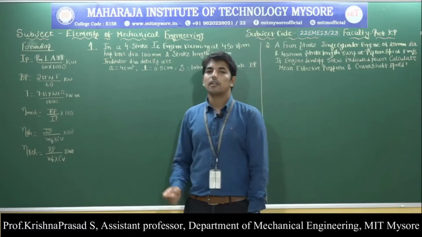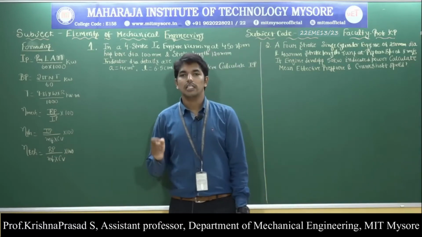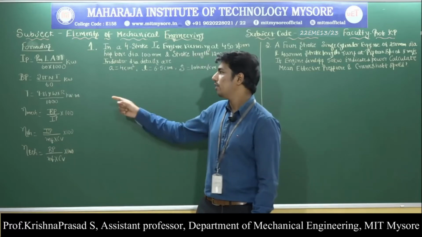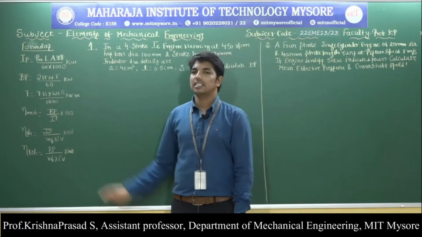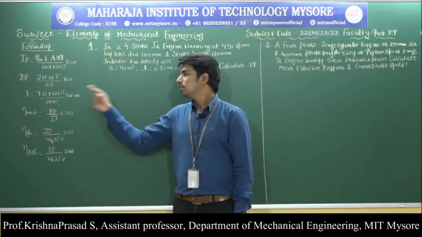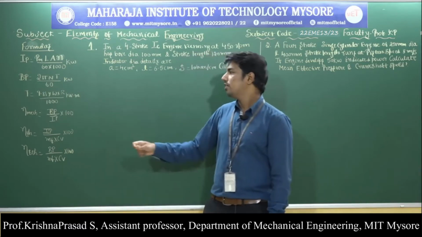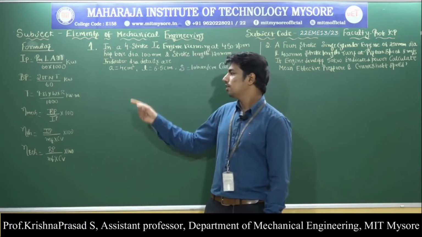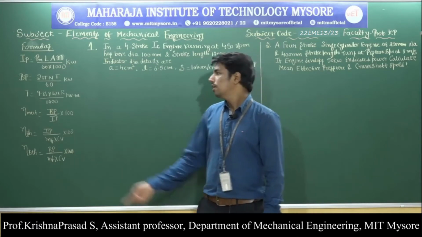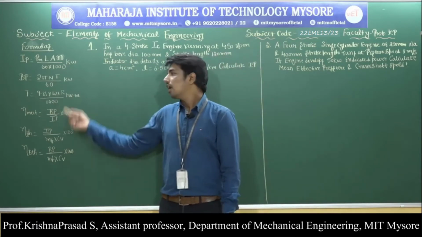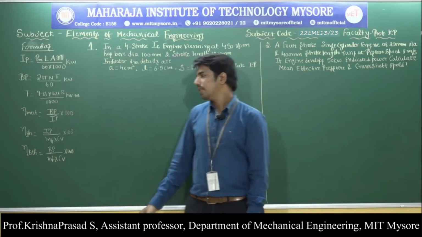Then brake power, the total power available at the engine crankshaft, is equal to 2 pi NT by 60 in kilowatts. Then torque developed is 9.81 into W into R divided by 1000 in kilonewton meter. Here W is the effective load and R is the effective radius of the brake drum.